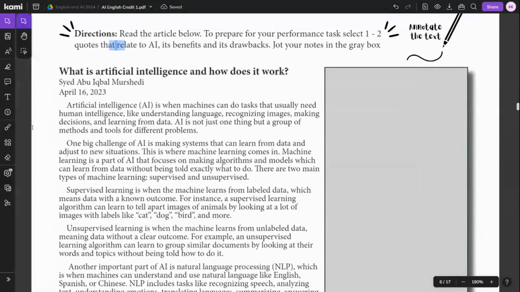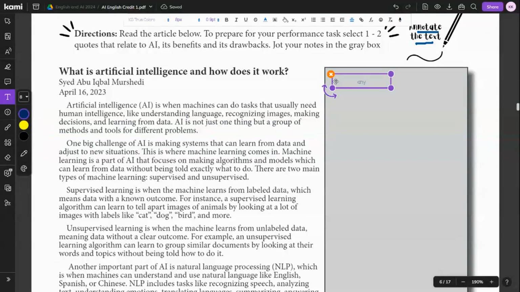And when you see annotate text, you want to write down information that's going to be important. And I'm going to type over here. We're going to highlight anything that relates to the definition of AI.